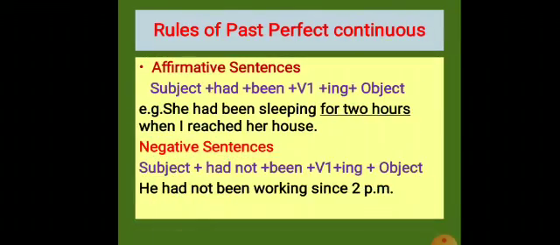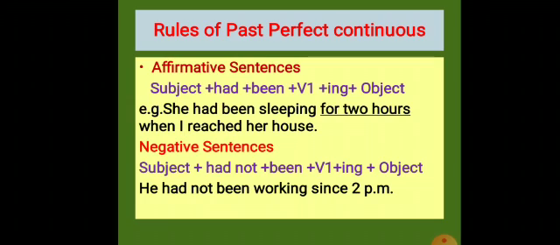Now rule is subject had been plus first form of verb ing plus object. But one important point here is that time reference is given in past perfect continuous. In the example, you can see she had been sleeping for 2 hours.